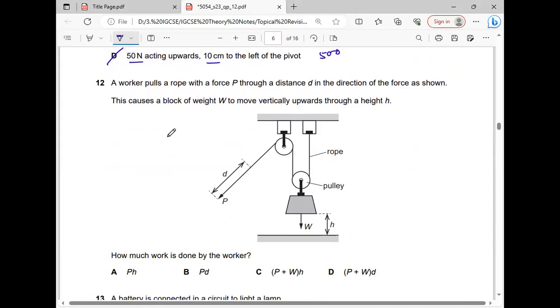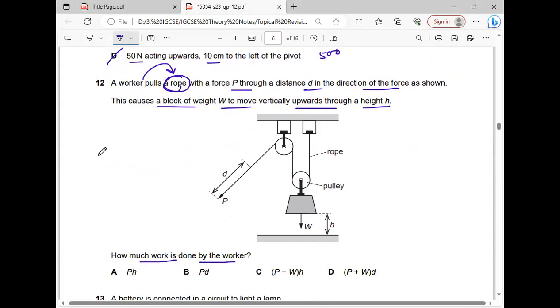A worker pulls a rope. It means the worker is applying force on the rope, a force P, through a distance D in the direction of force. This causes a block of weight W to move vertically upward through a height h. How much work is done by the worker?